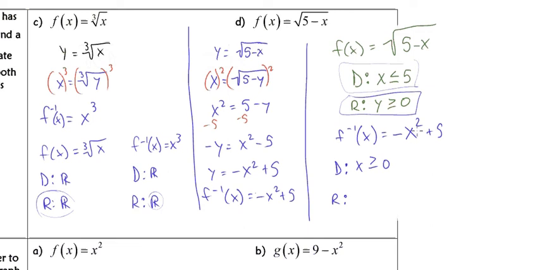What is the highest value? Now this is kind of looking like a parabola that's opening downward, but it's just one half of it where the x values are greater than 0. The highest value I can get is 5. So I'm going to have y is less than or equal to 5, which again makes sense. That's the domain of our original function. So I hope that helped.